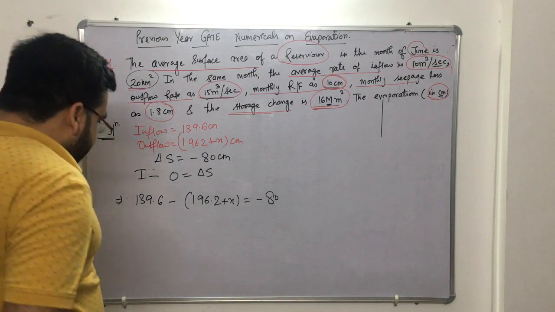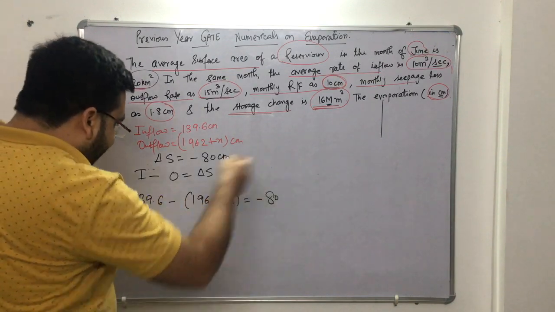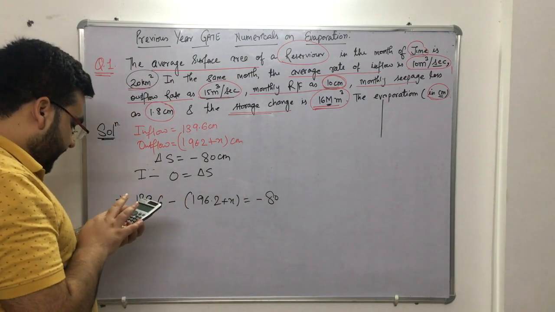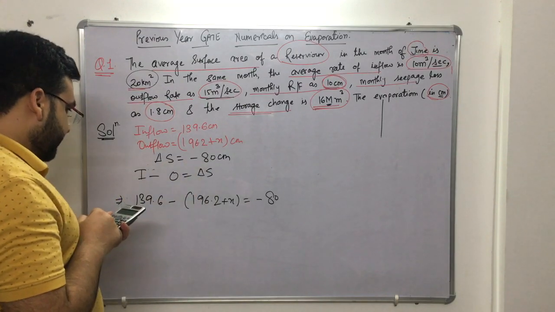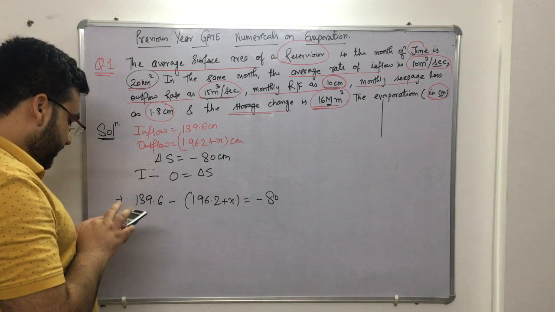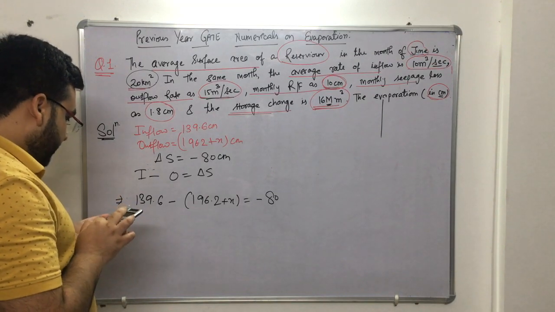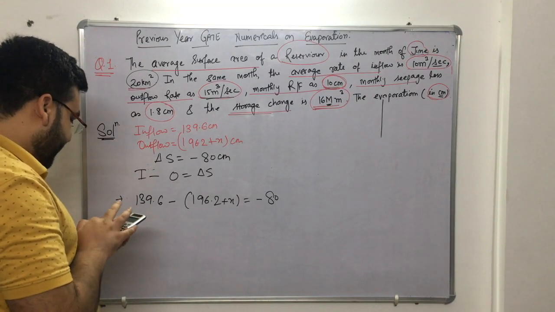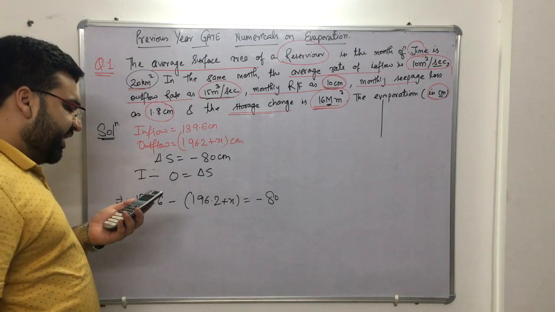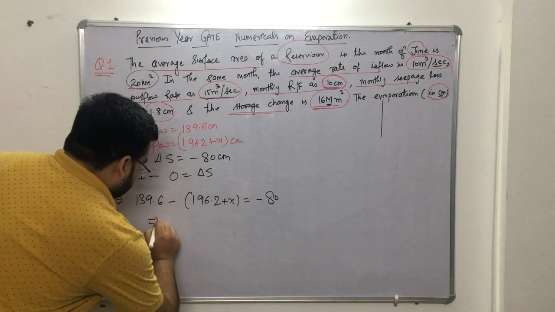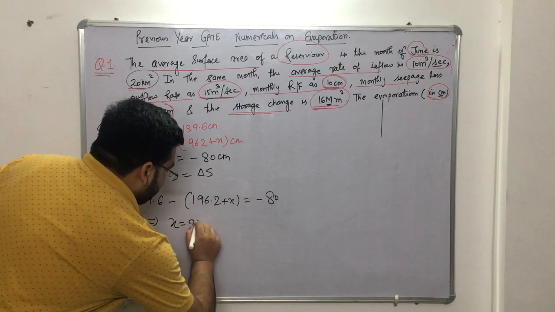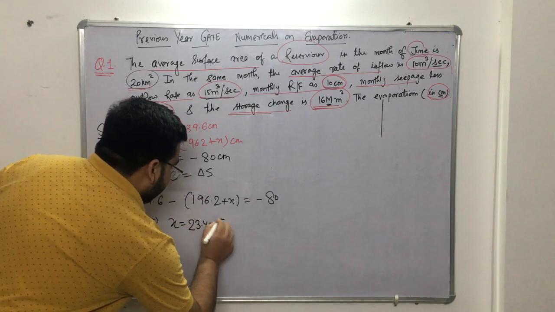X will be 139.6 plus 80 minus 196.2. It will be nearly 23.4 centimeter, right? X will be nearly 23.4 centimeter.